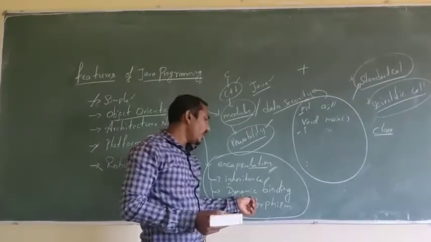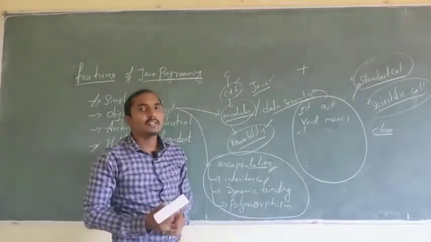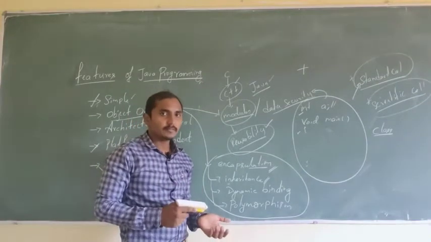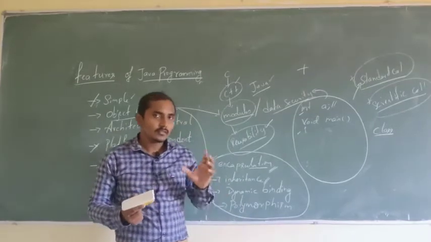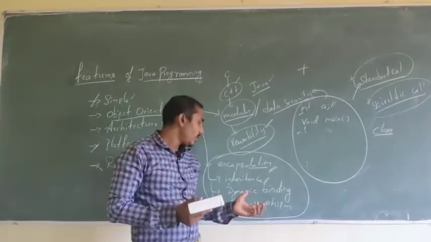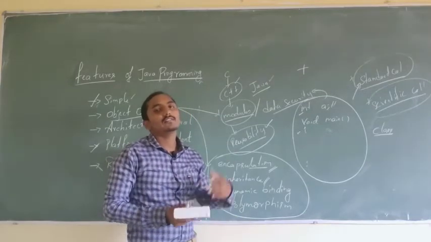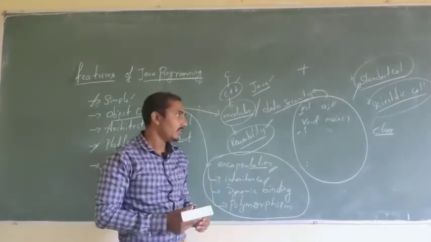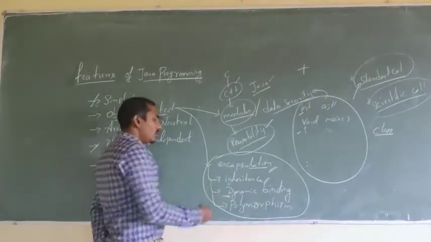Similarly, if you write a function, that function can be used for multiple things based on the values you are sending. If you have integer values, you will be adding only the integer part. If you have floating point values, you will be adding the integer part as well as the fractional part. That is nothing but dynamic binding, which we will discuss in the coming sections.